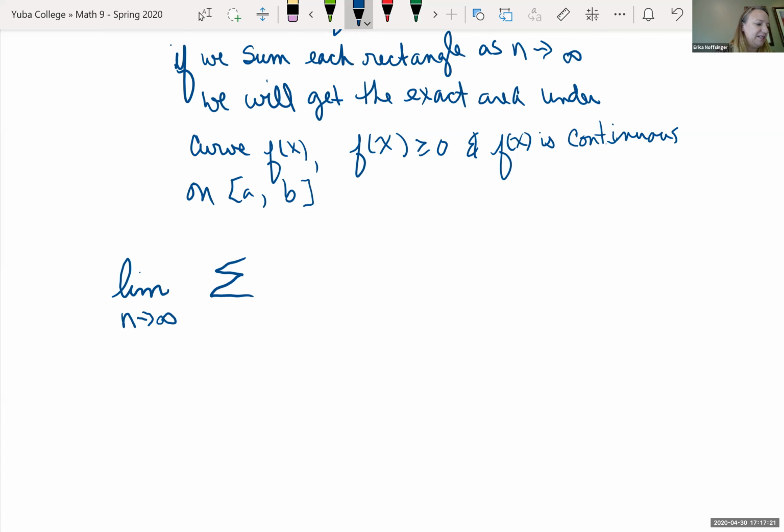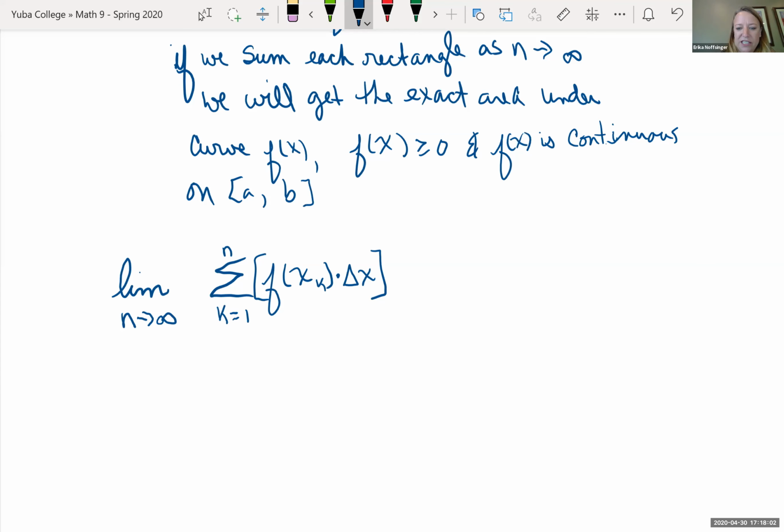And we're looking at when k equals 1 to n of f of x sub k, the height of the rectangle, times delta x, the width of the rectangle. So you don't have to worry too much about that, but that's basically saying that we're just summing each one of those rectangles. And that n is saying that we're making that go to infinity, so an infinite number of rectangles, so that we get an estimate.